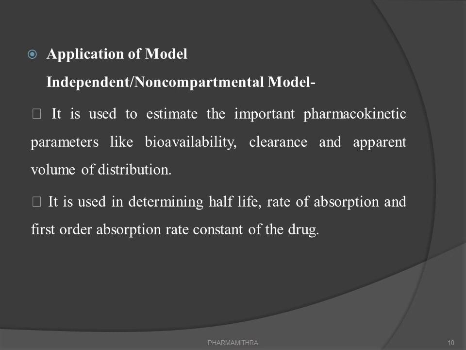It is also used in determining the half-life, rate of absorption, first order constant, etc. The advantages of this method are that it is easy to derive the kinetic parameters, and a detailed description of distribution and elimination can be found out. The disadvantage is that it deals with averages, so it provides limited information and is not adequate to treat nonlinear cases.